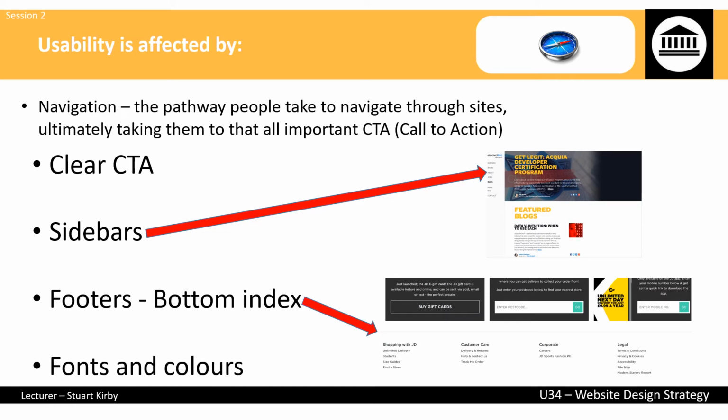Fonts and colors play a big part in navigation. You've got to have sometimes a contrast, especially with your CTA buttons. In website design, we talk about white space. We don't want an overly crowded website, a busy website. You want a website where there's white space, there's gaps between things.